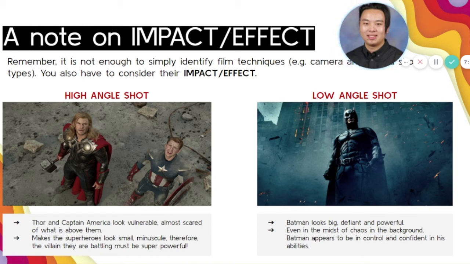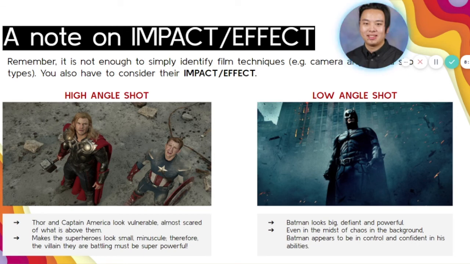That's not enough. You actually have to analyze the effect or the impact that this high angle shot has on the audience. So you could write something like Thor and Captain America look very vulnerable, almost as if they're scared of what is above them. And it makes the superheroes look small, minuscule. Therefore, the bad guy or the villain that they're battling must be super powerful.